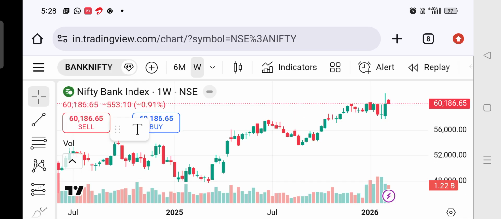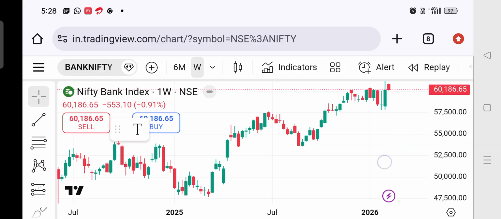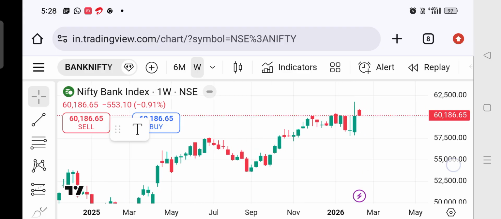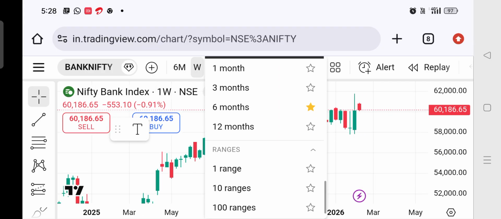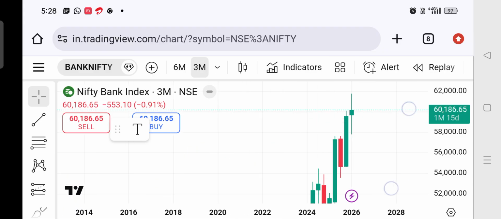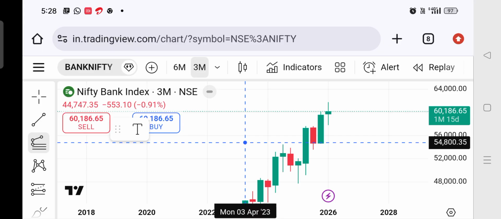Bank Nifty. Just go to 3 months. Take it for target levels.